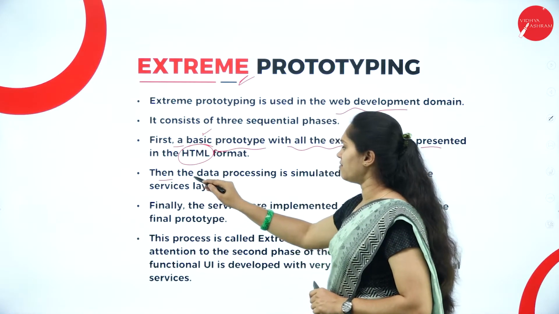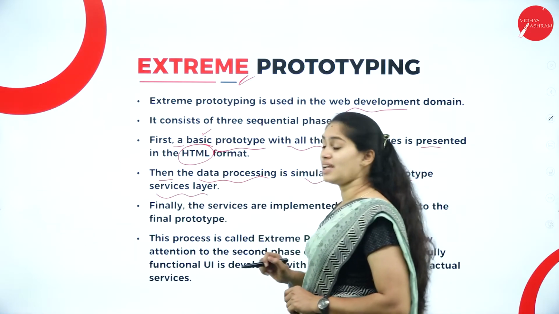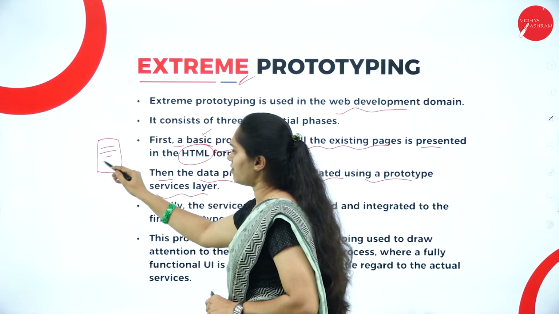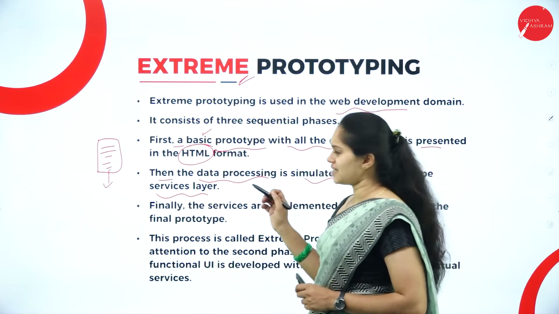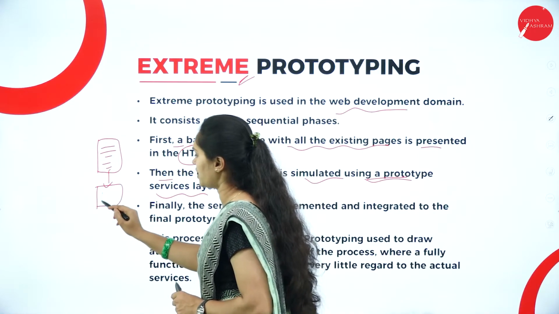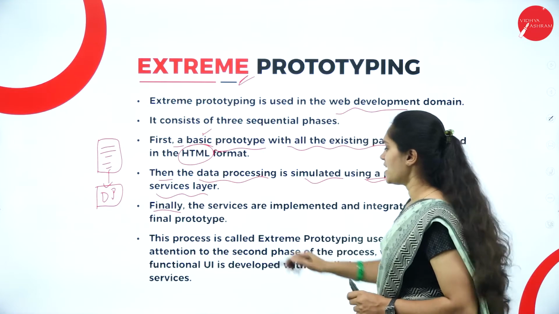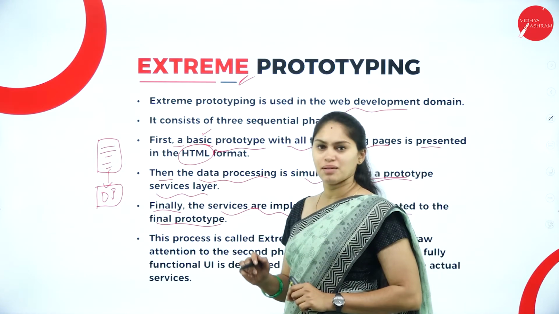Next, in the second level, the data processing is simulated using a prototype service layer. At the third stage, the final stage, the services are implemented and integrated into the final prototype.